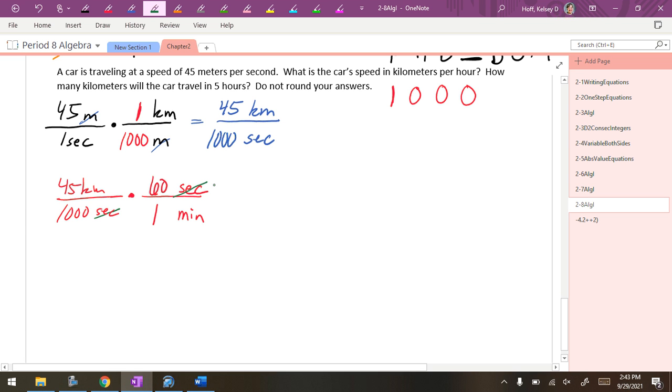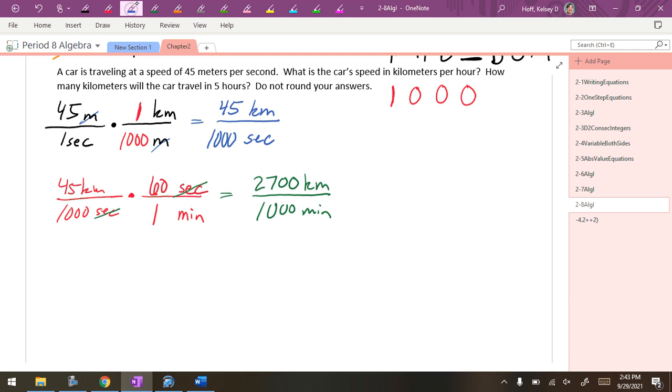Seconds cancel. And I multiply. 45 times 60 is 2,700. Label. Kilometers. Over 1,000 times 1, 1,000 minutes. Are you done?